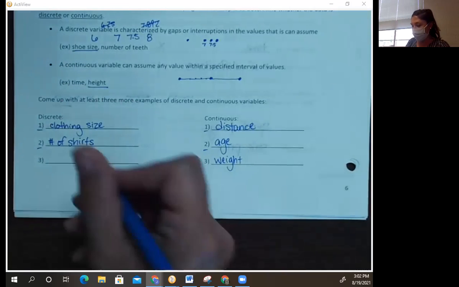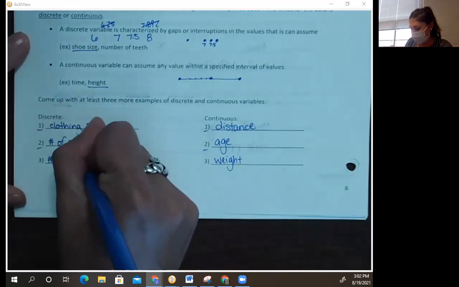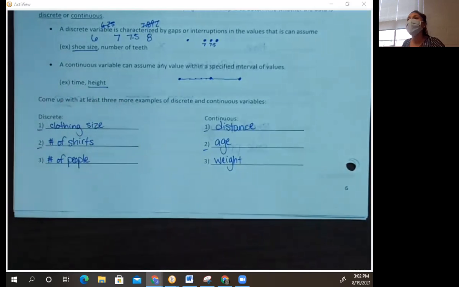Yeah, people in a classroom. Stephen, I saw your hand up too. Number of notifications. Yeah, if we think back to our social media notifications example from earlier, that's going to be a whole number, right? I can't have half a notification.